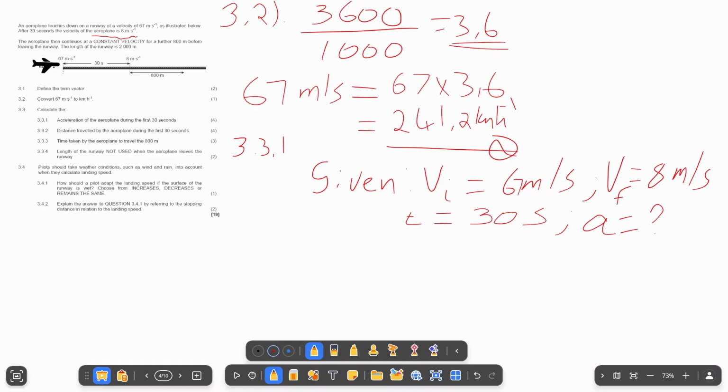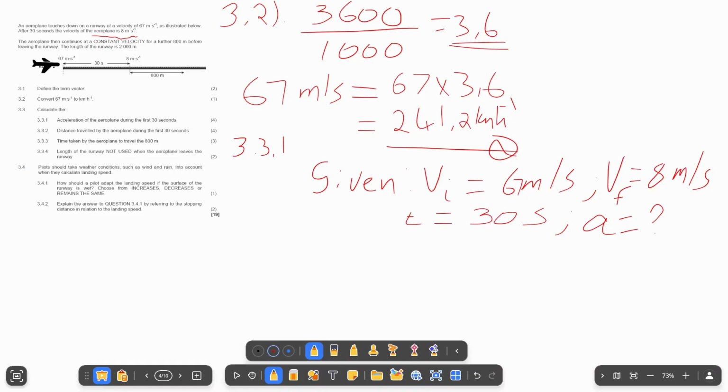The equation must have the initial velocity, the final velocity, time, and acceleration. We know all those except acceleration, so it must be in the formula for us to calculate.